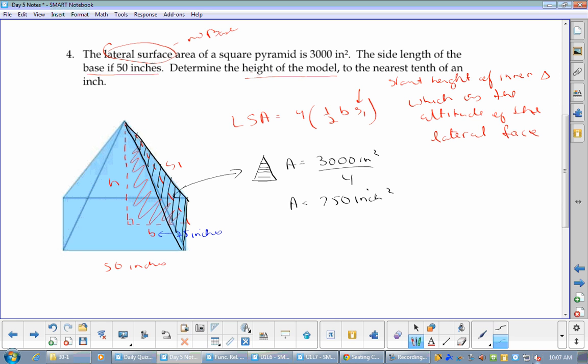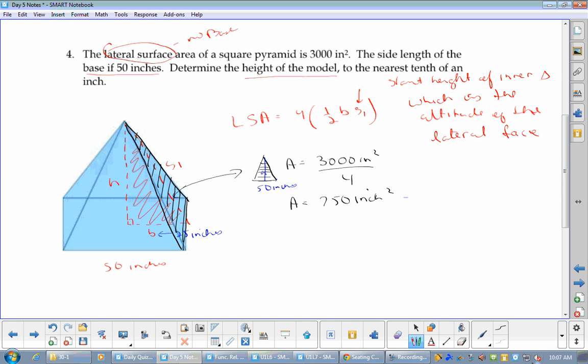Now, do I know anything about that black triangle? Anything at all? The base is what? So this is 50 here. Okay. So what don't I know? Yeah, or in this case, it's the altitude, right? Which we've already said, that's going to be my slant height once I figure it out.